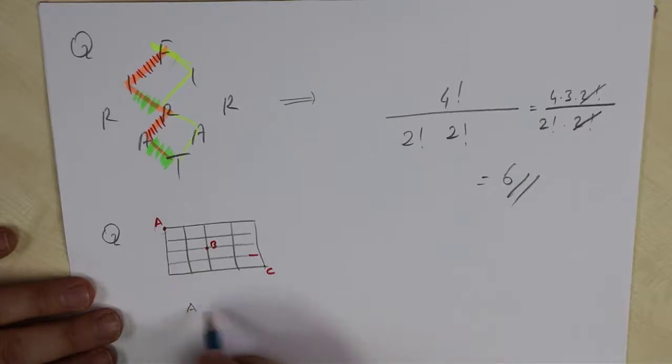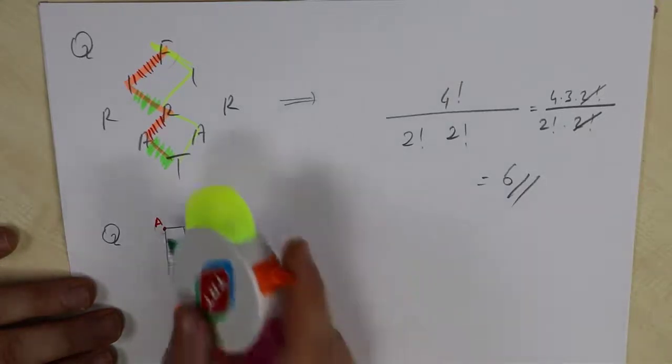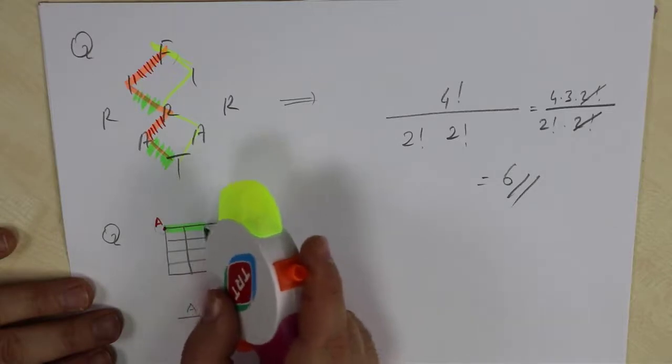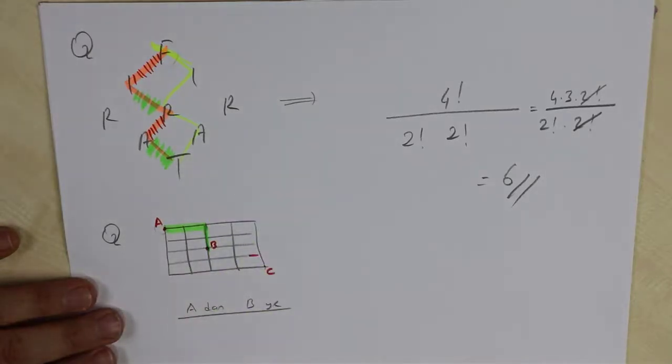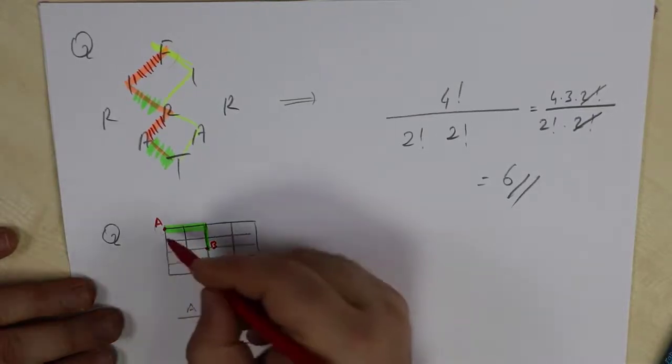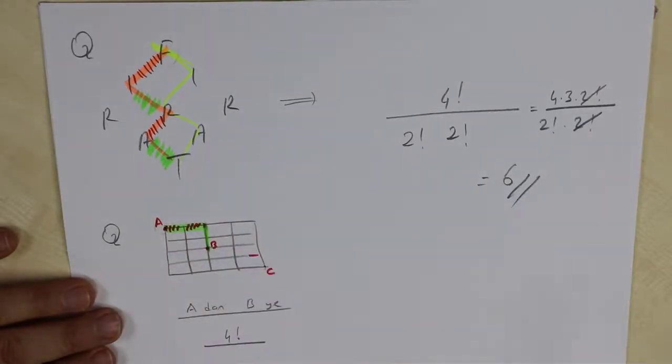To go from A to B, how many ways, or how many roads in this case, and from B to C? Let's go from A to B first. How many routes are possible? Let's choose this one here. That's factorial 4. How many of them horizontal, how many vertical?